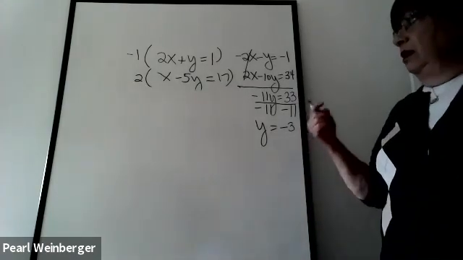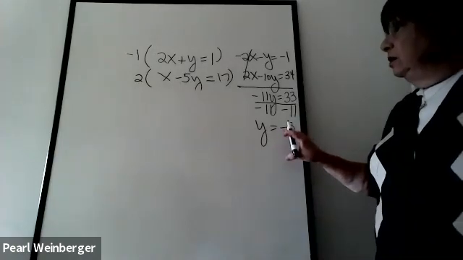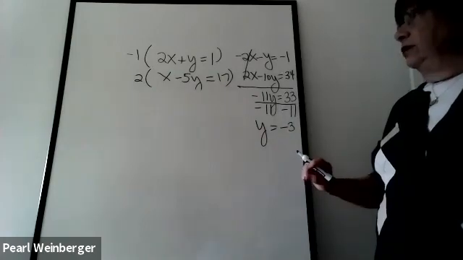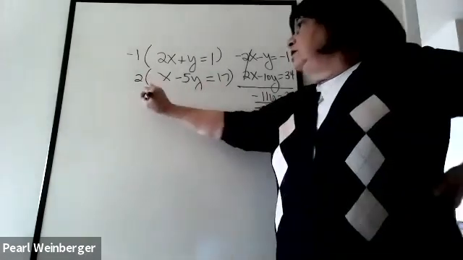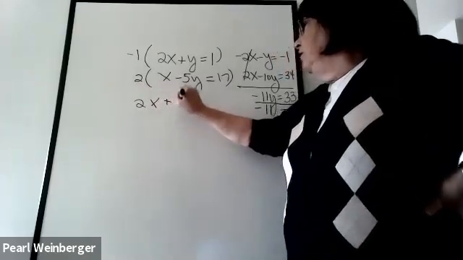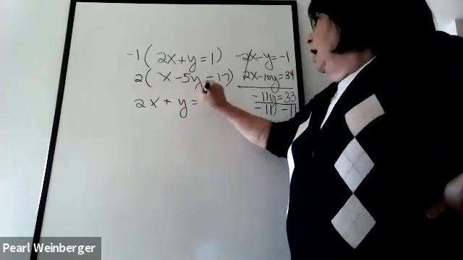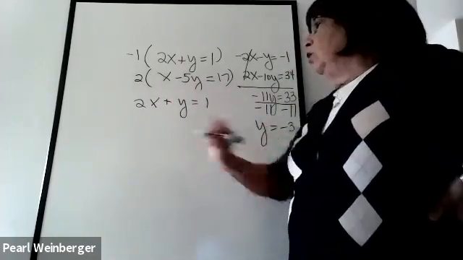We're not completely finished with this because we haven't gotten the value for x. In order to find the value of x, I take one of my equations. I'm going to take the first equation. It doesn't matter which one you do, but I'm going to take the first equation and substitute the negative 3 for the y, because now I know what y is.